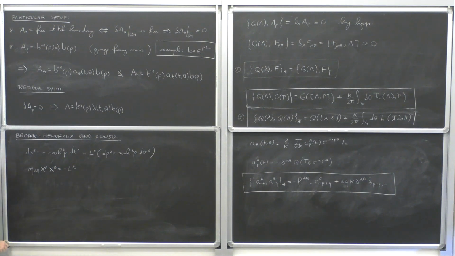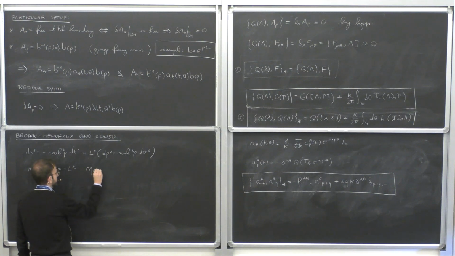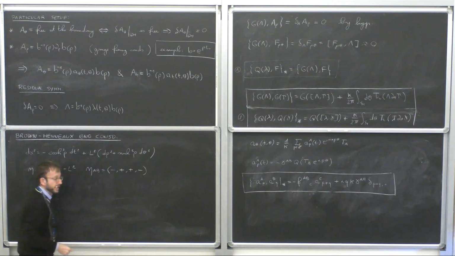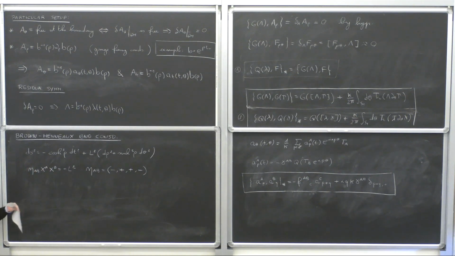You impose this condition here. So AdS3 is a sort of Lorentzian hyperboloid, where I have an eta_AB, which is equal to minus plus plus, embedded into a flat space-time with this signature.